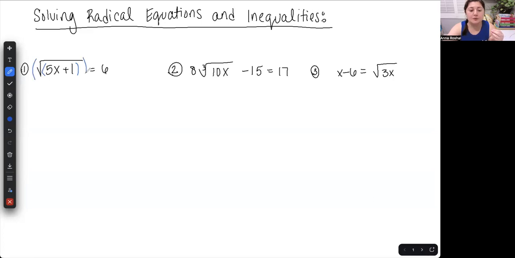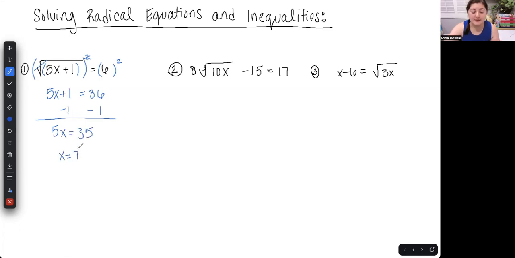So I'm going to take this portion and square that, and I'm going to take this portion and square that as well. And so I'm going to be left with 5x plus 1, because the squared and the radical will kind of cancel each other out, equals 36. And then I'm going to subtract 1 and solve like a regular two-step equation. You probably covered this in middle school. And then x is going to be 7.